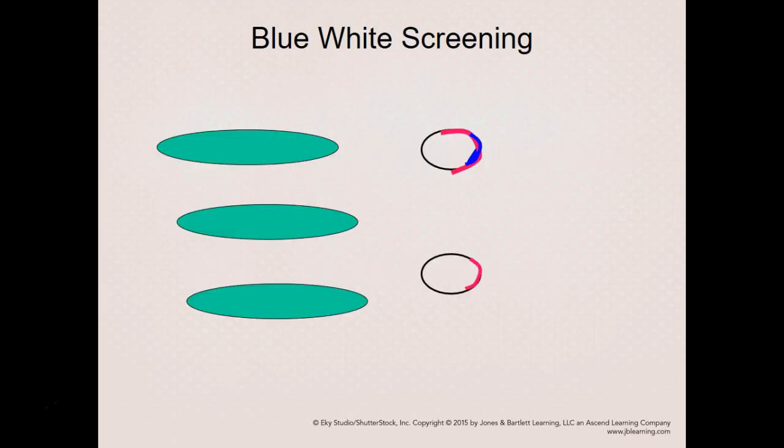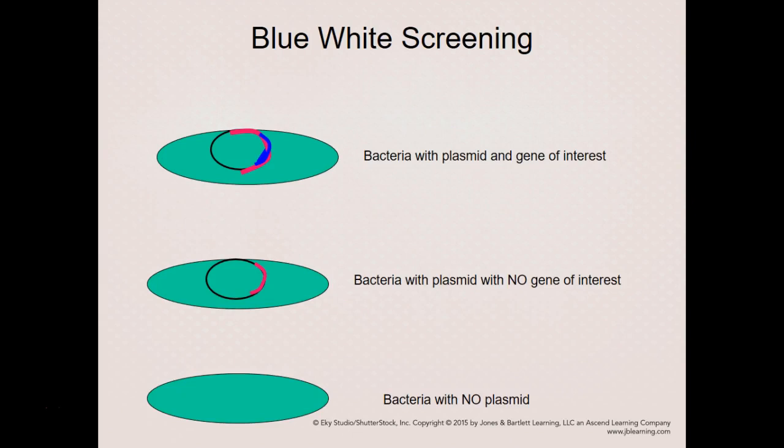We add the bacteria, and again, we don't know which bacteria have become competent. We shock them to make sure that they have the ability to be competent, but sometimes some bacteria take in the plasmids and some bacteria won't. If they do take in a plasmid, they'll have resistance to ampicillin, but they may not take in a plasmid that contains the gene of interest that we care about.